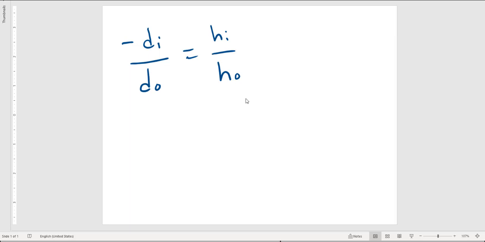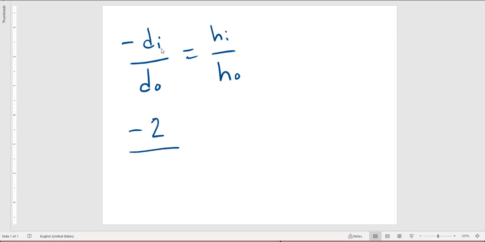So here we have negative di over do equals hi over ho, where o refers to the object and i refers to the image. So if we take a look at this, we can plug in the known values for distance of image. So from the front of the eye to the rear of the eye, you have 2 centimeters. So we'll have the negative sign is in the equation, so negative 2.